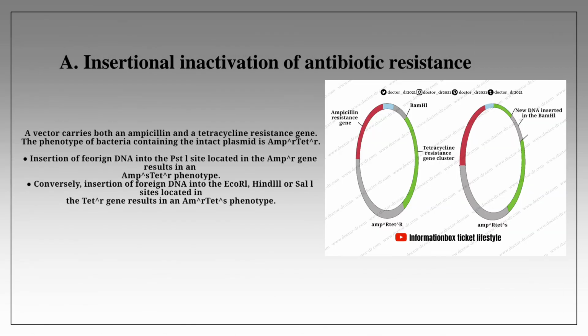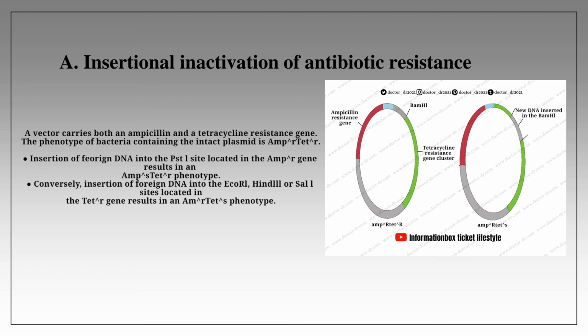A vector carries both an ampicillin and a tetracycline resistance gene. The phenotype of bacteria containing the intact plasmid is ampicillin resistant and tetracycline resistant. Insertion of foreign DNA into the PstI site located in the ampicillin resistance gene results in an ampicillin sensitive and tetracycline resistant phenotype.